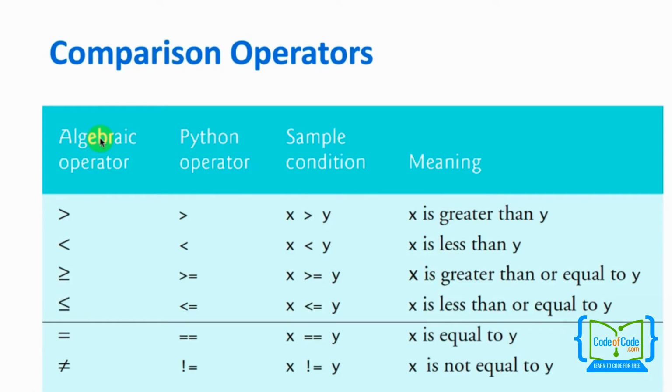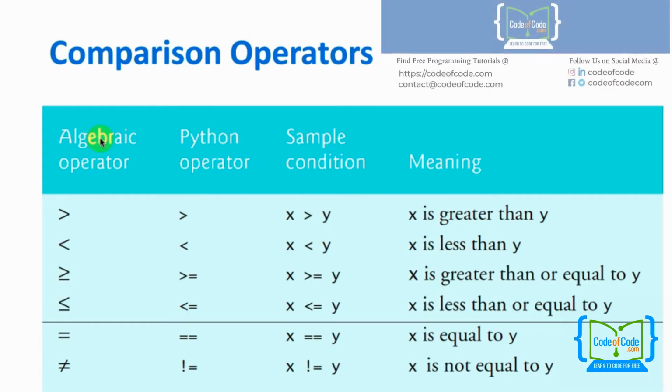There are a number of different operators available to you, comparison operators specifically. So we just demonstrated greater than and less than, which look the same both in Python and algebra. But for these other algebraic operators in Python, we represent them a little bit differently. For greater than or equal, we have two symbols, the greater than sign and the equal sign.